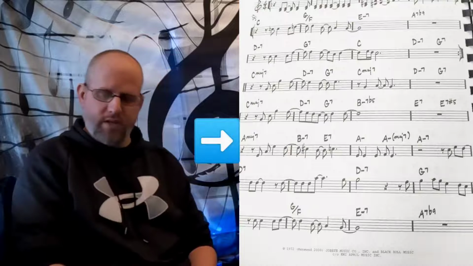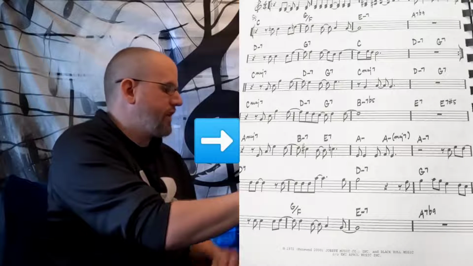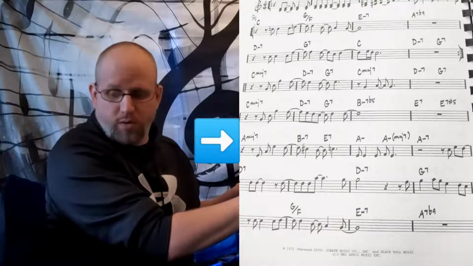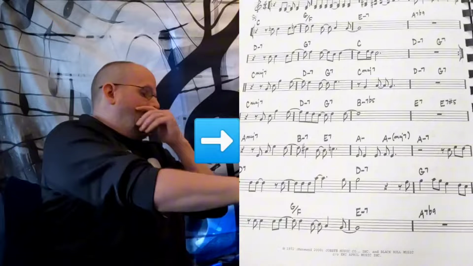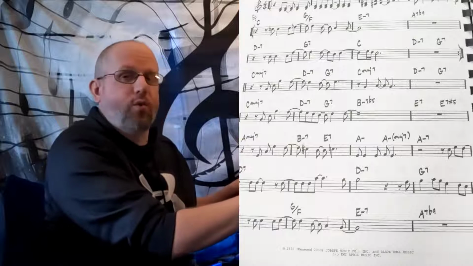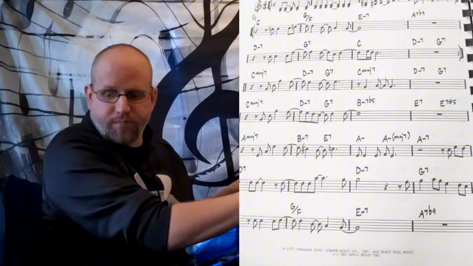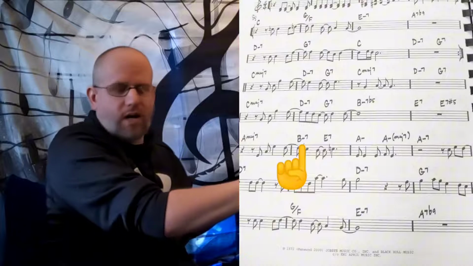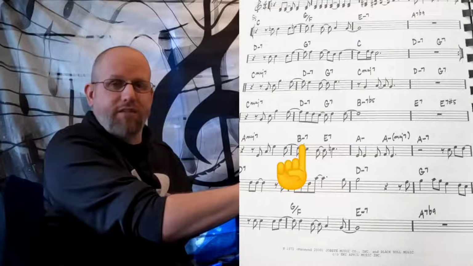Down a few lines, we start this new section on an A major 7 chord, all right? We're going to presume that's the 1 chord in A major. That brings us into the D minor 7, or I'm sorry, the B minor 7.